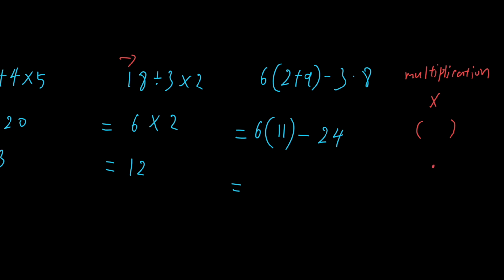And we can also use a dot to represent multiplication as well. So in this case, we have a parenthesis. So it means 6 times 11, which is 66, minus 24. And the result will be 42.